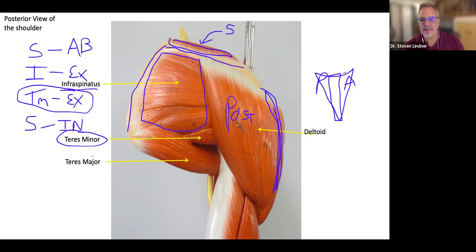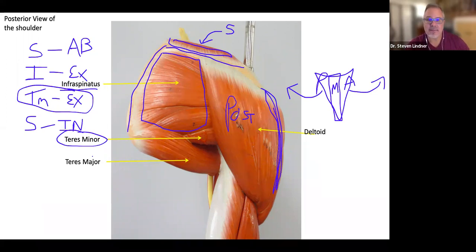If we're looking at the deltoid from the side view, then the anterior division would bring the arm this way, which would be shoulder flexion. The posterior division would bring the arm back, which is extension. And then the middle fibers would bring the arm straight out, which is abduction.